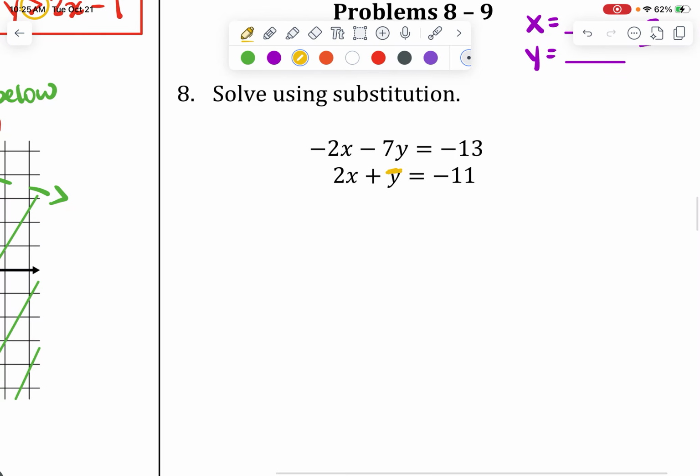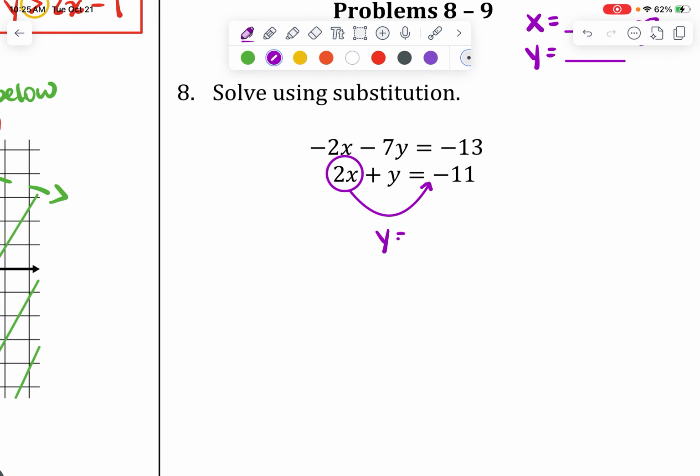Do you notice this y right here? Hanging out by himself without a coefficient in the front. He is almost by himself, as long as I take this 2x and move it to the other side, kind of like we're putting it in y equals mx plus b. It's not really my intention, but we're going to get y equals -2x minus 11.